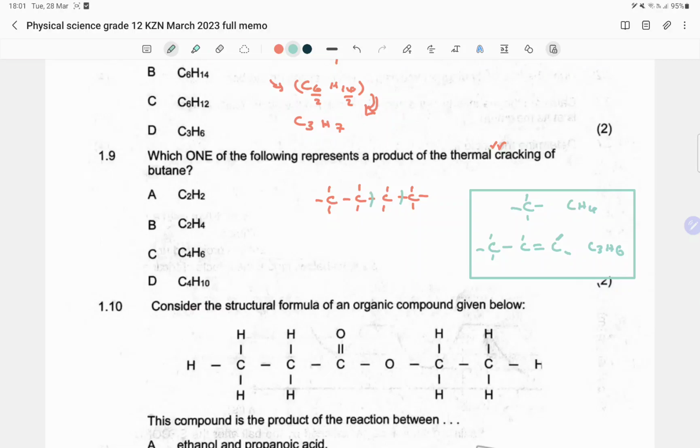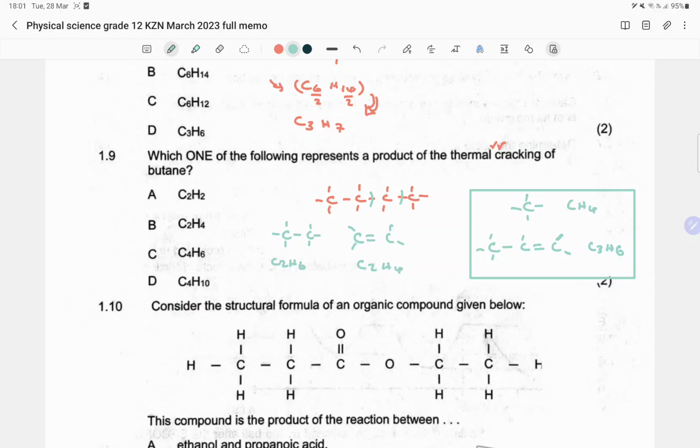If we split here, what do we get? We can get an ethane, and we can get an ethene. Okay, so this would be 1, 2, 3, 4, 5, 6, 7, 8, 9, 10. Yeah, it still balances. So we're looking at C2H6.